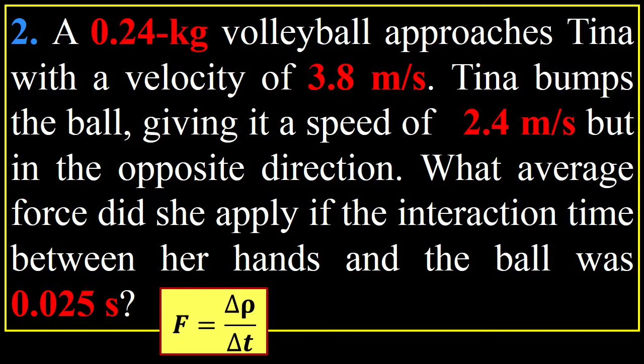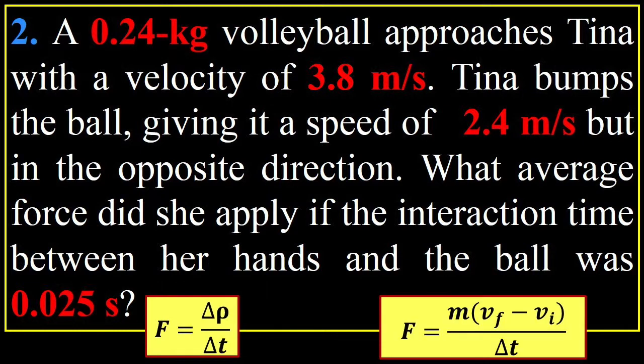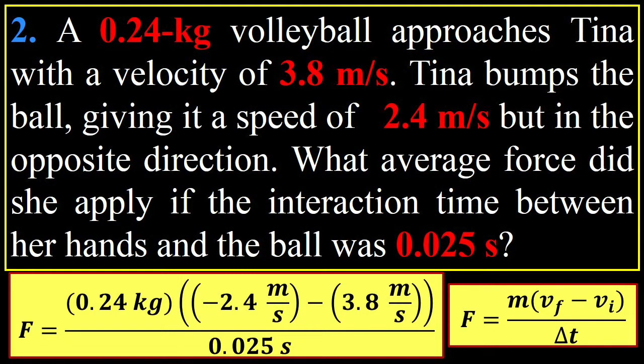So it's going to be the change in velocity divided by time, which is the same as I, impulse equals change in momentum. Impulse is Ft. So divide change of momentum by t, and that gives you the answer.